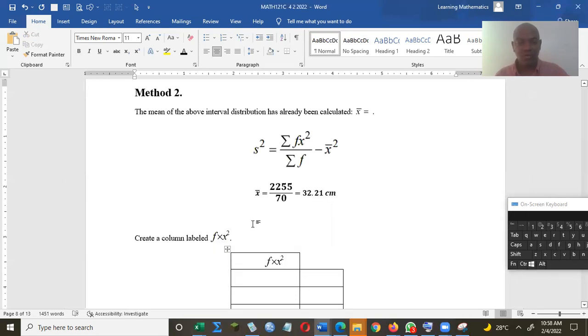Now, x bar means sample mean. Sample mean is equal to 32.21. What we need to find now is this number up there, the sum of fx squared. How to find the sum of fx squared? Don't give yourself any headache whenever you see sigma.